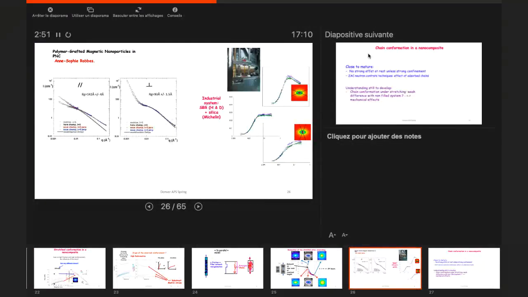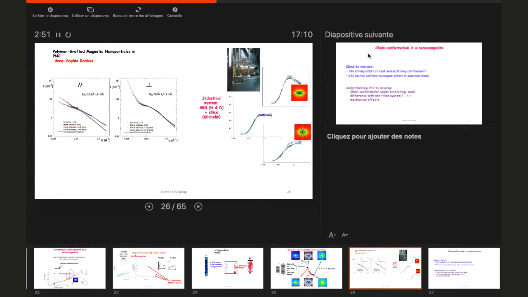What polymer are you talking about? Polyisoprene? I mean any sort of elastomer. I'm just curious if people have done these studies on the chain conformation when it's grafted and also under deformation.